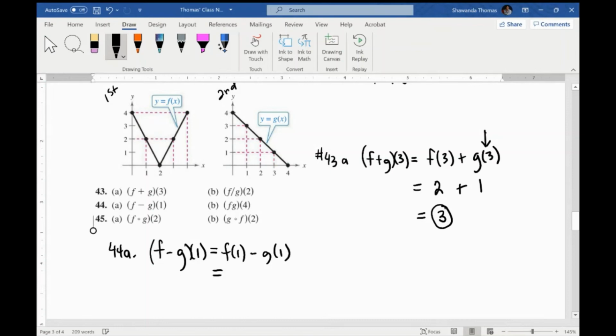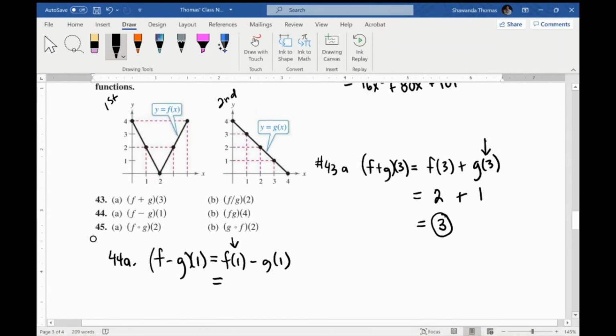All right. Let's look at f of 1. We're going to go to the f function, the first graph over here. All we're asking is when x is 1, what is y? 2. All right. Minus g of 1. Go to the g function over here.